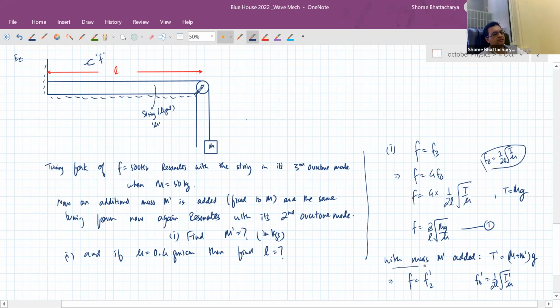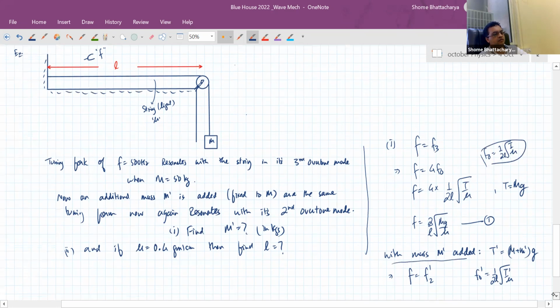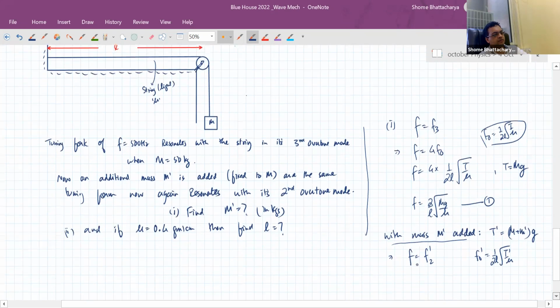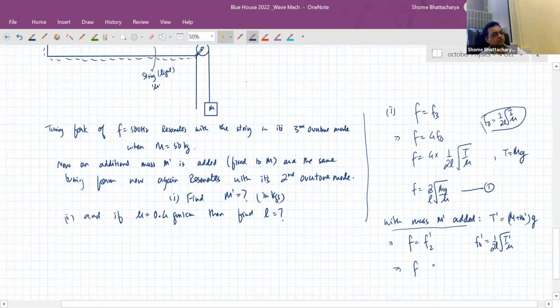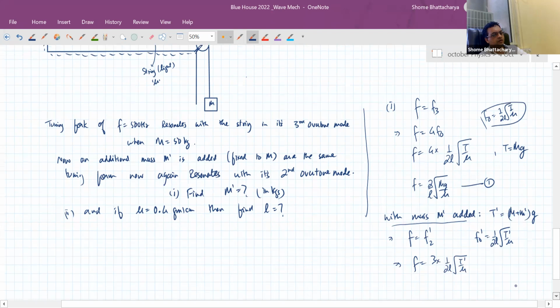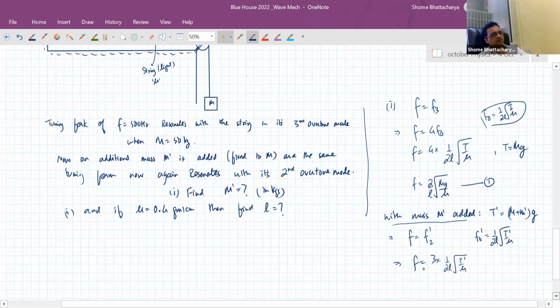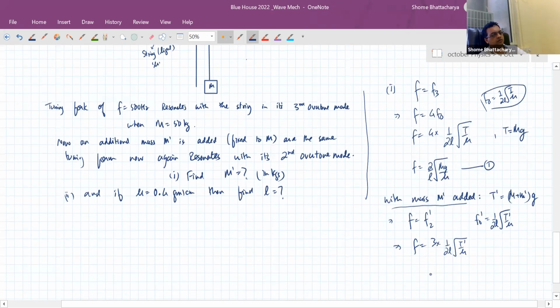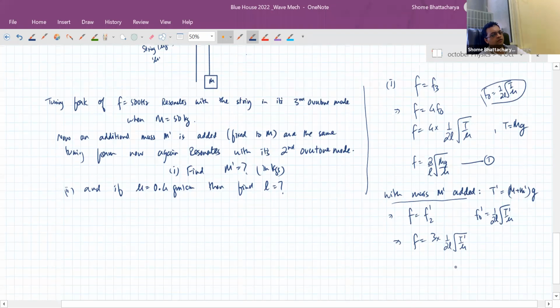With the mass added, the same frequency F is now equal to 3 into 1 by 2L square root T prime by mu, or F is equal to 3 by 2L square root of (m plus m prime) g by mu. So this is my second equation.